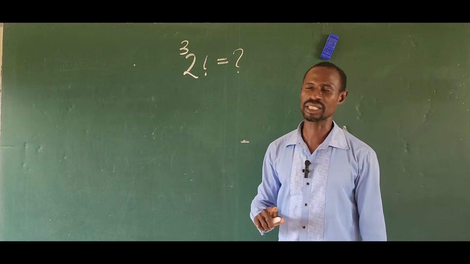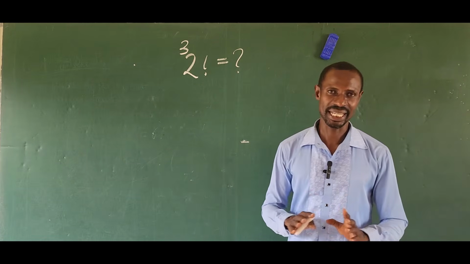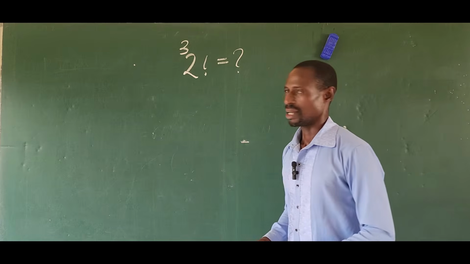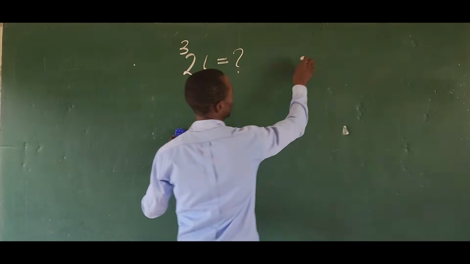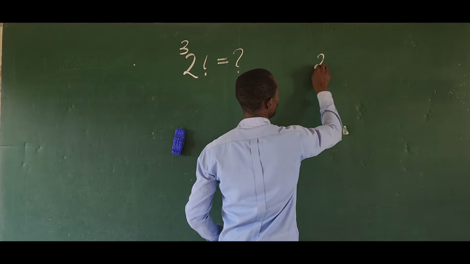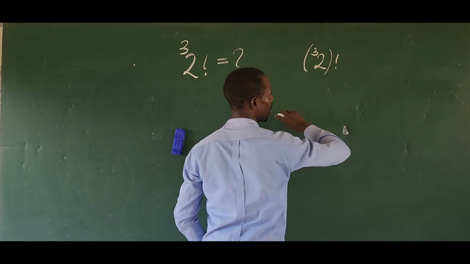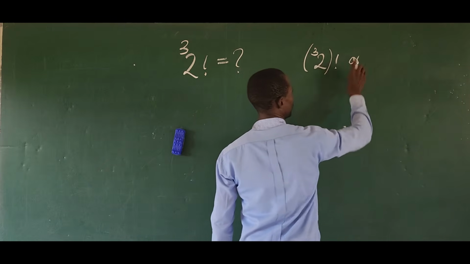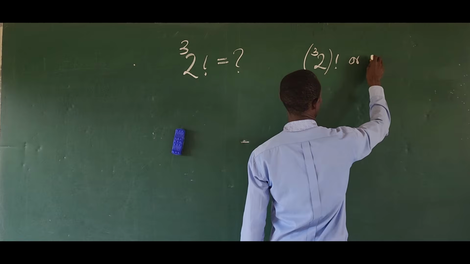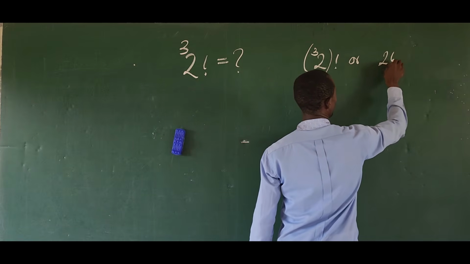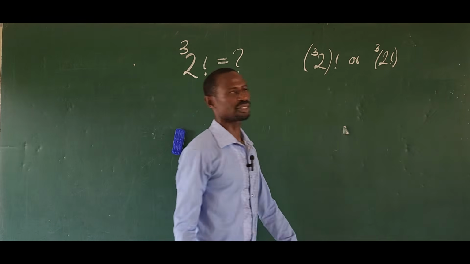I'm going to take the first approach. Because this question is presented in this format, I'm going to assume this: could it be 2 tetration 3, or in brackets, the factorial? Or could it be a better way of presenting this as 2 factorial, or in brackets, then we have our tetration up here.